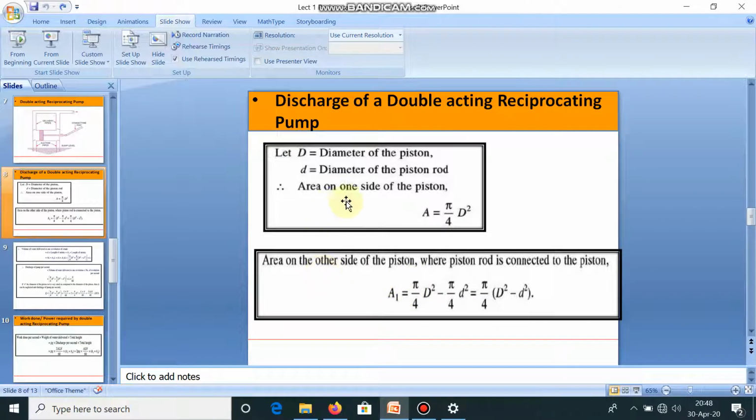Area on one side of the piston, that is towards left, becomes A equal to pi by 4 D square. However, towards the right side of the piston, area becomes pi by 4 D square, that is the cross sectional area of the piston, minus pi by 4 small d square, that is the cross sectional area of the piston rod. So A1 becomes pi by 4 into D square minus small d square.